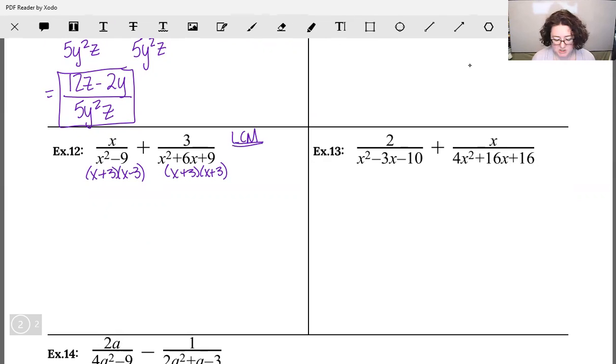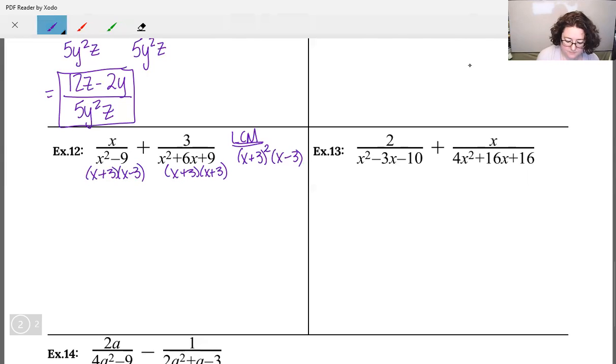So my first expression has an x plus 3 and an x minus 3. I need to include both of those. So x plus 3 and x minus 3. But then looking at my second expression, it has 2 x plus 3s. So my LCM is actually going to need 2 of those to make sure every single possible denominator is represented in that LCM. So we need to multiply in what's missing.